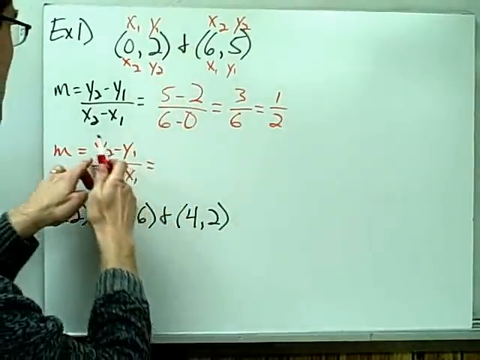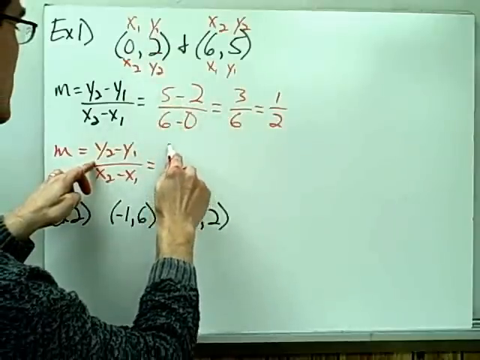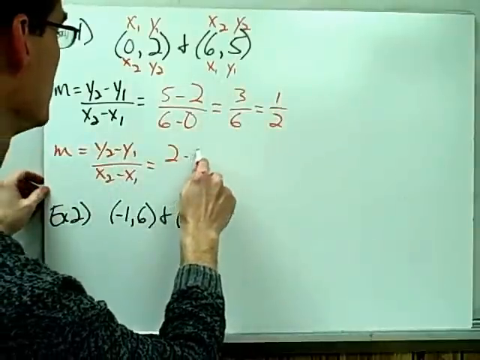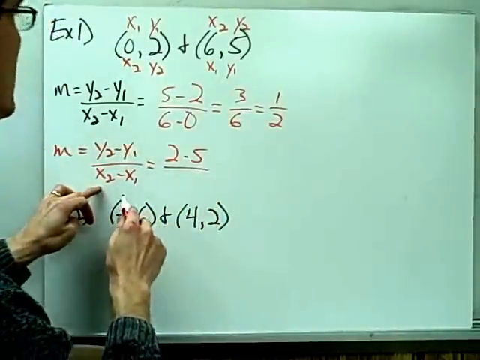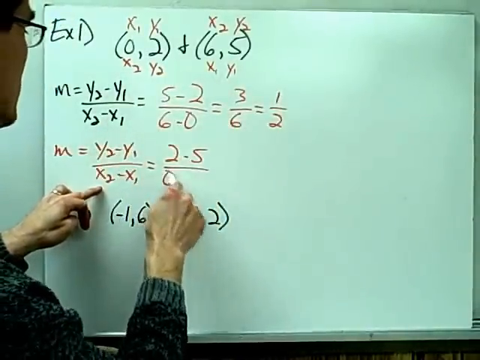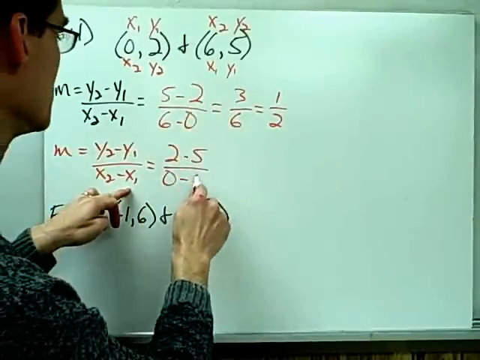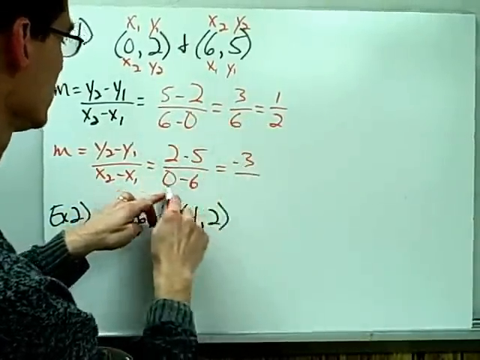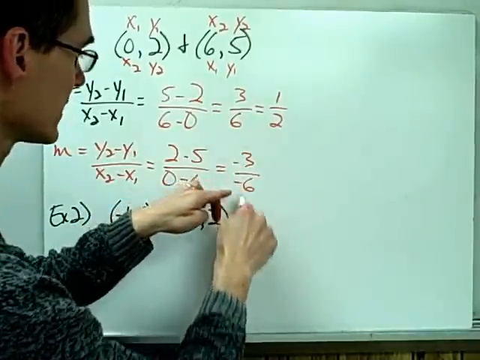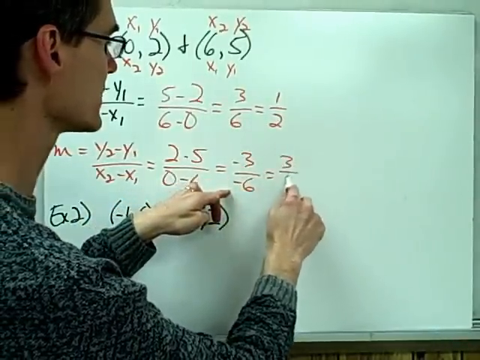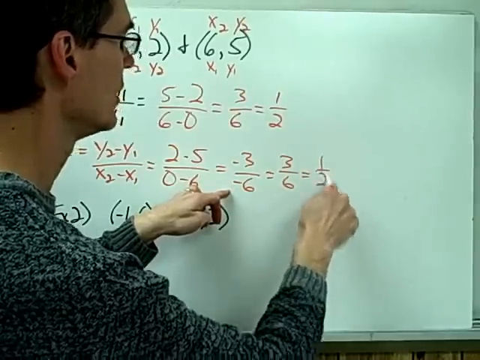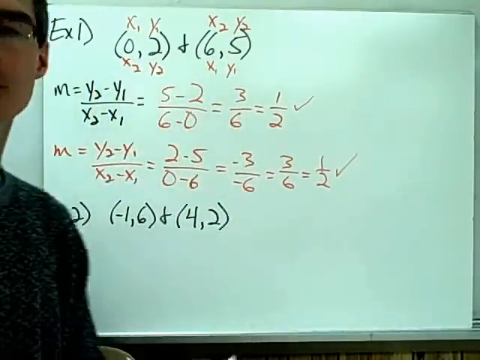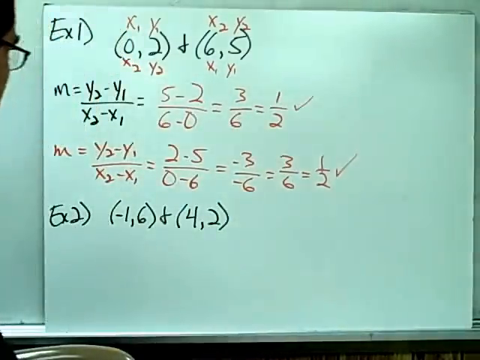Well, now I've swapped my points, so now my y2 value is 2 minus y1, my y1 value is 5. My x2 value now is 0, and my x1 value is 6. So 2 minus 5, that's negative 3. 0 minus 6, that's negative 6. Negative 3 divided by negative 6 is still 3 over 6, which is still 1/2. So it doesn't matter which way you label your points, you're still going to get the same slope.